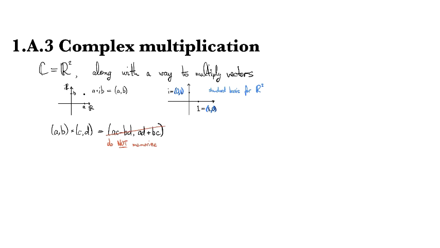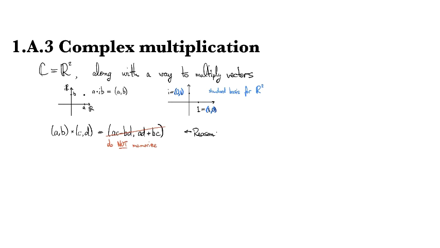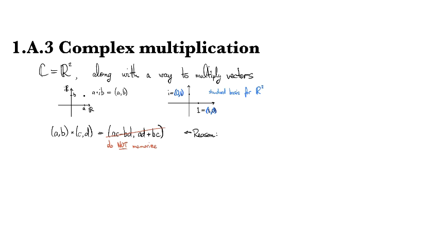The reason why you don't need to memorize this, and where that multiplication rule comes from, is just from distribution.